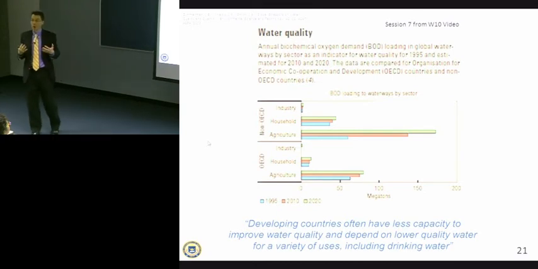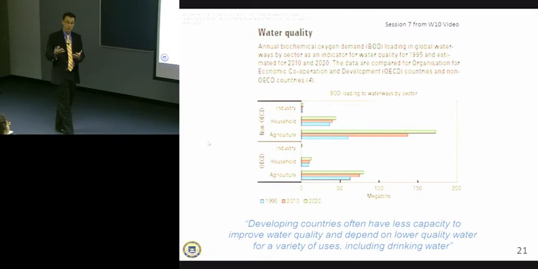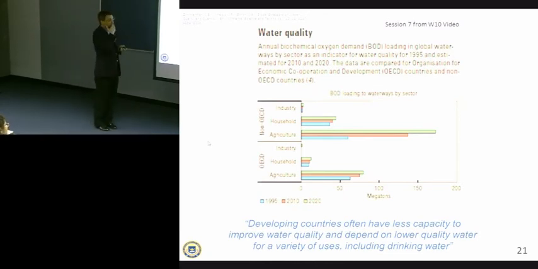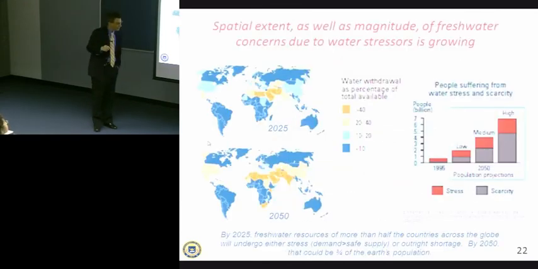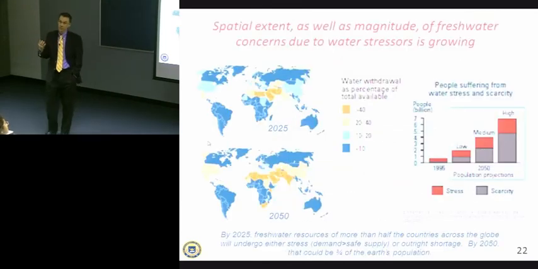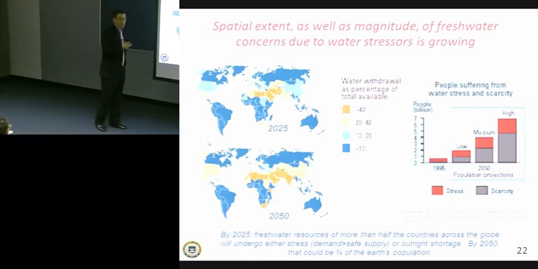So we withdraw the water. As populations rise, we're going to withdraw more water. And then we load it up, not just with BOD, oxygen-demanding waste, but other pollutants. And then what? Somebody else eventually uses that water, or we have to pay more to clean it up. So there's a lot of concern moving into the future about stress and increased scarcity with water.